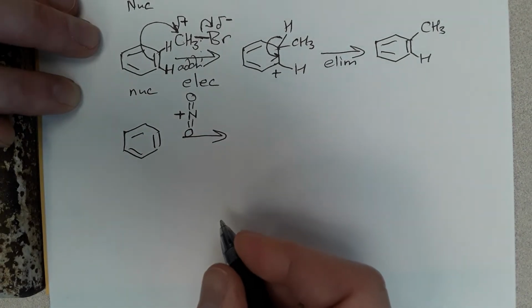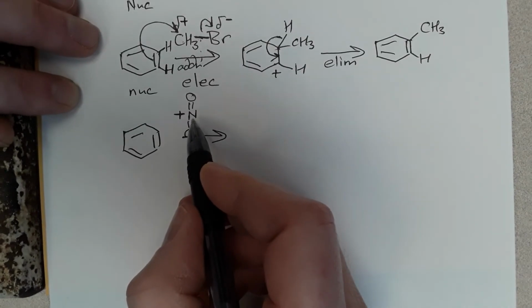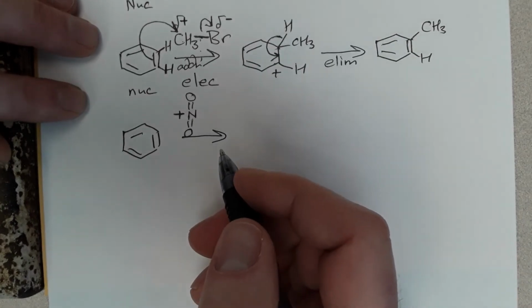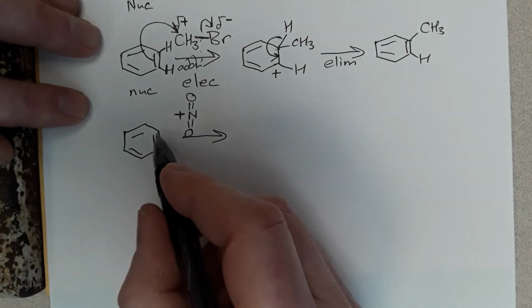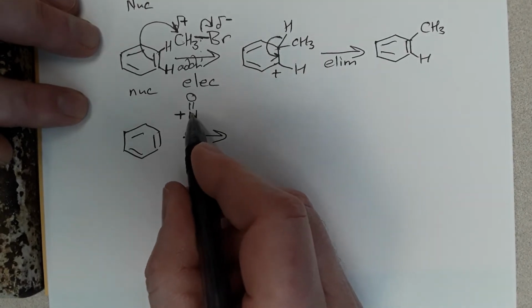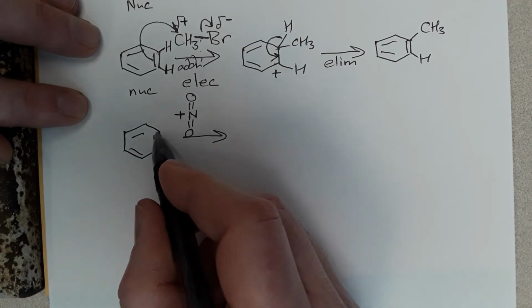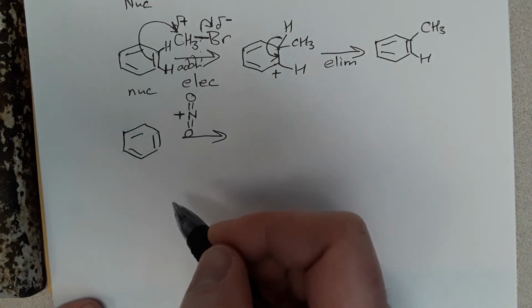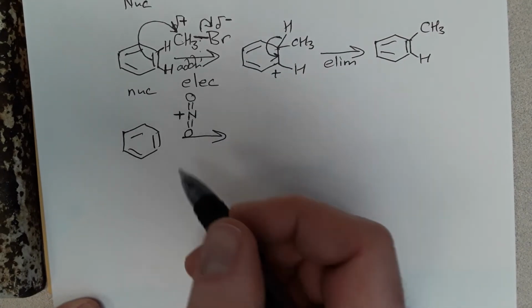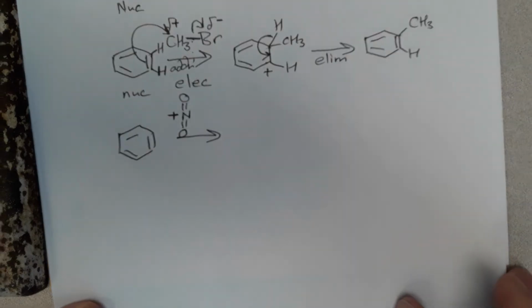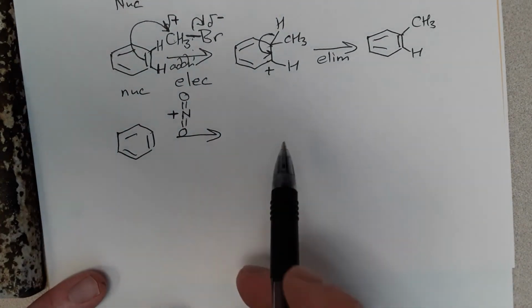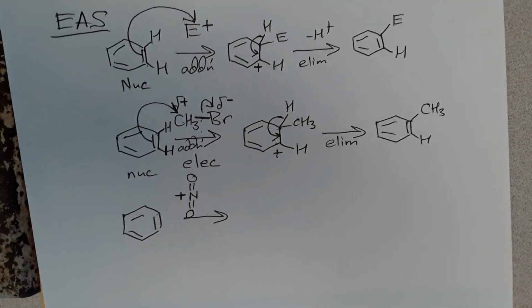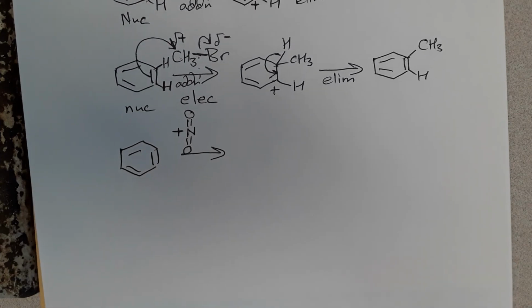Kind of funny looking thing, but when you have 4 bonds to nitrogen, right, it's got a positive charge on it, and the net reaction of this in the end is a nitro group is adding, and we know the nitrogen from a couple of videos ago is bonded to the benzene ring. So here's your new electrophile. Show the benzene ring attacking and appropriate bonds breaking and forming, and show the same 2-step mechanism that we are looking at for electrophilic aromatic substitution. So go ahead, pause the video, and draw out the mechanism.